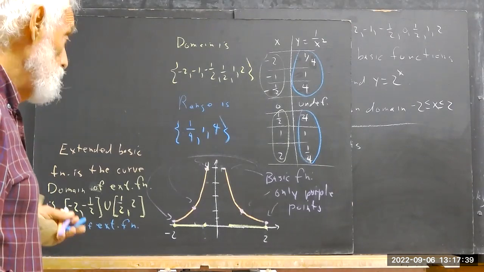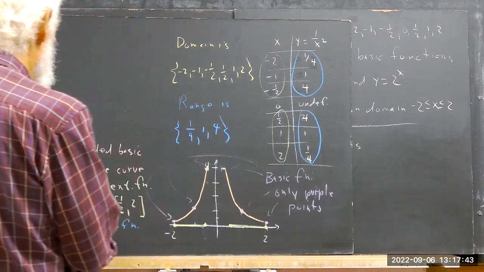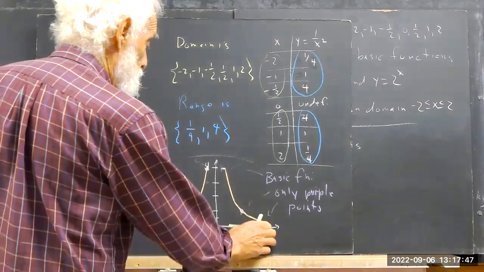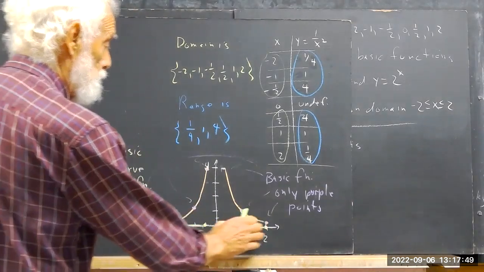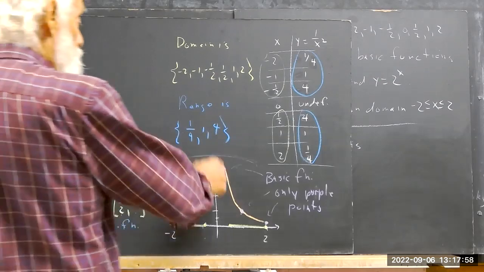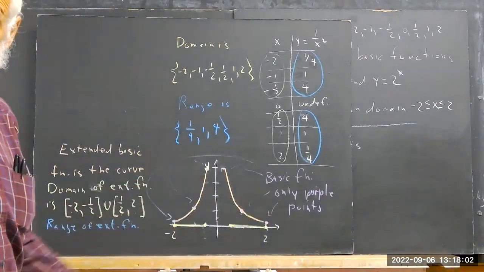Okay. Well, there's my domain. X is in [-2, -1/2] union [1/2, 2], right? There's a picture of your domain: the -2 to -1/2 and 1/2 to 2 intervals. Picture of your domain, picture of your range. I just shade everything on the y-axis that corresponds to a point on the graph.